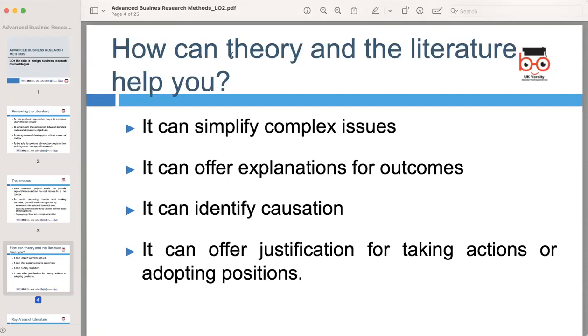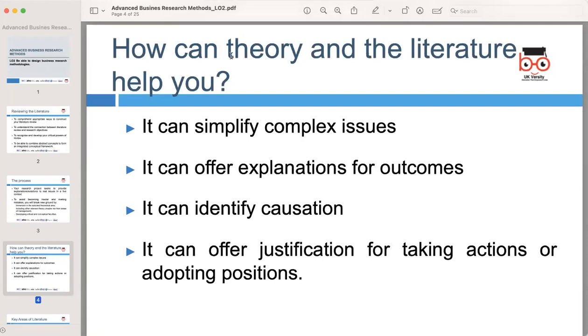Theory and literature offer justification for taking actions or adopting positions in our personal and professional lives. We often find ourselves having to make choices or form opinions.